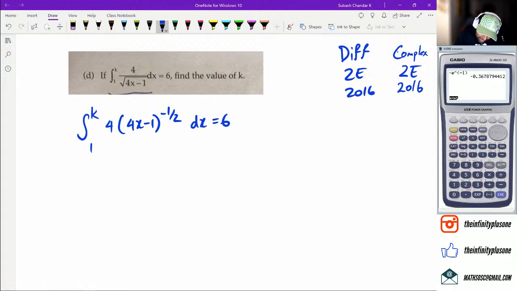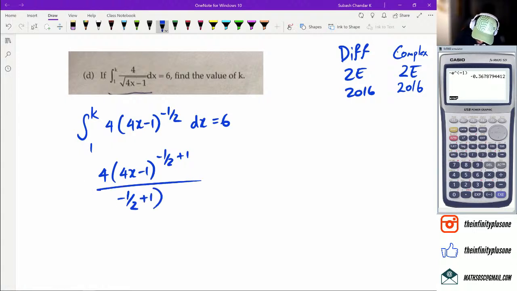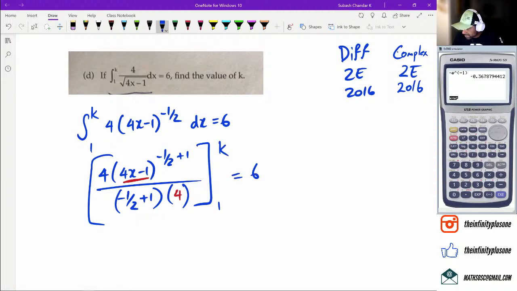Okay, so we can just do reverse chain rule real quickly. We write this as 4x minus 1 to the power of negative half plus 1, divided by negative half plus 1, and also multiplied by the differentiation of this, which happens to be 4. That's doing it in one shot. Now let's clean this up.